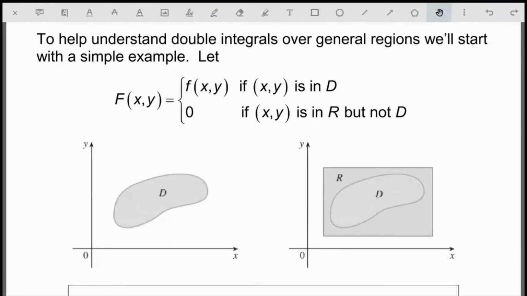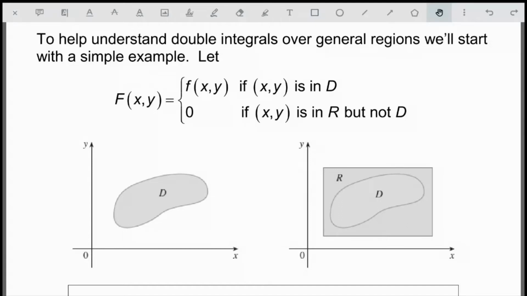Okay, so when we talk about double integrals over general regions, what we're talking about is an example like this. You can see we've got a rectangular region, the region R here that we've got in this rectangle in this diagram. And now we've got some shape within that region, and we're calling it the region D. So D is within the region R. And notice our function is defined as being f of x if we're in that irregularly shaped region D, and it's 0 if we're outside of that region.